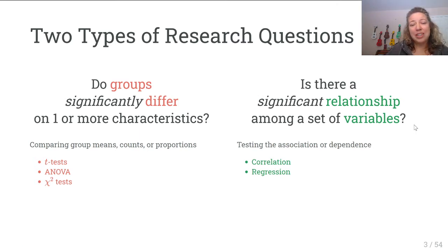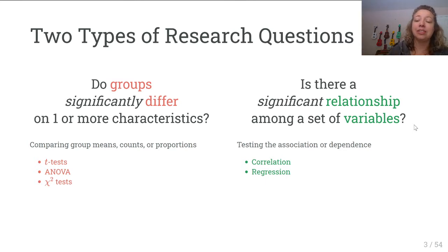There's also a different flavor to research questions, and these deal with not are there group differences, but is there a significant relationship between a set of variables? These kinds of questions ask about association and dependence, and we can use calculations of correlation and regression models to answer them.